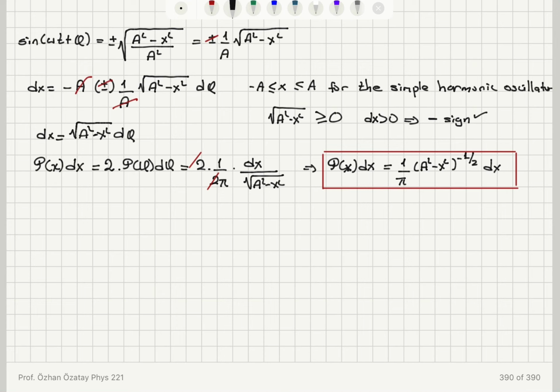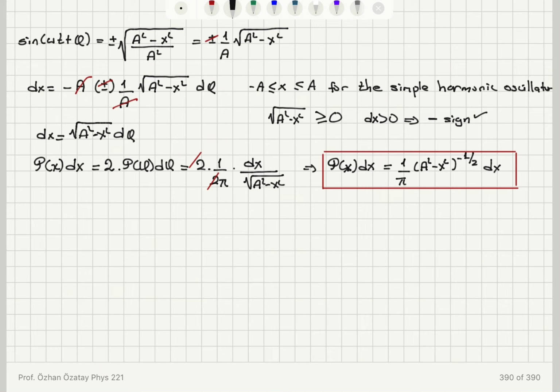So sine omega t plus phi is minus 1 over a times the square root of a squared minus x squared. So substituting that here, I find that the relationship between dx and d phi is dx is square root of a squared minus x squared d phi.